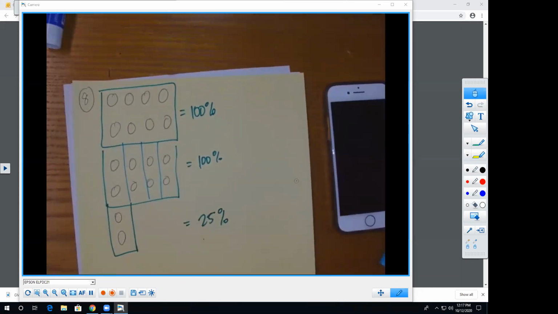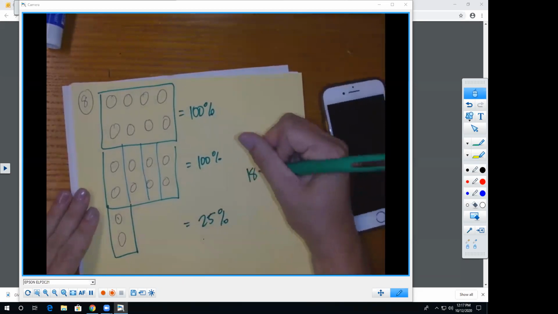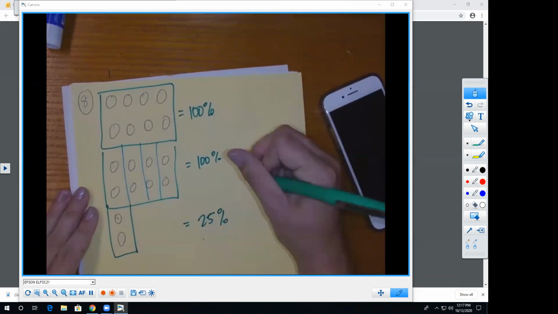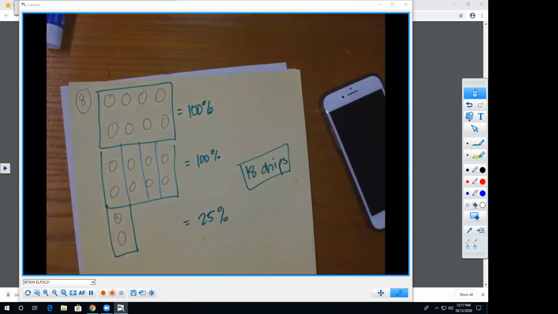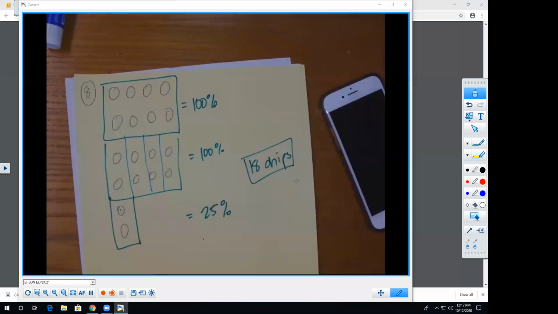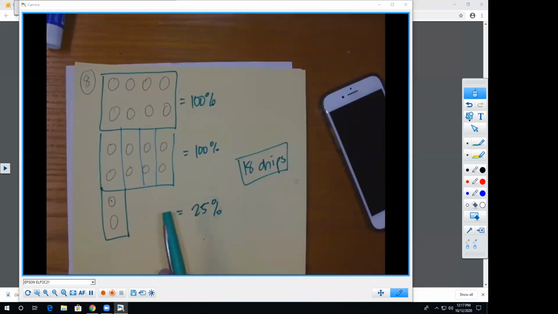And so altogether, this is 225%. So it would be 8 plus 8 is 16, 17, 18 chips. And that would be a sufficient picture. As long as you just label the percentages, that would be fine.